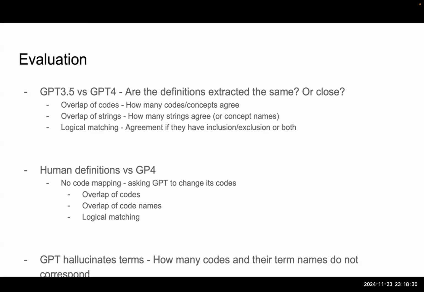Then we have string overlap, where we want to see how many strings or concept names are overlapping. And finally we have logical matching, where we want to see if there is an agreement between inclusion and exclusion, or both of them, between 3.5 and GPT-4.